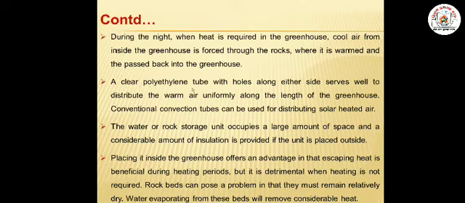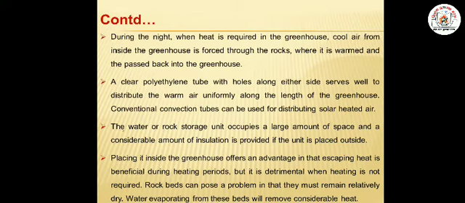A clear polyethylene tube with holes along either side serves well to distribute the warm air uniformly along the length of the greenhouse. Conventional convection tubes can be used for distributing the solar heated air.